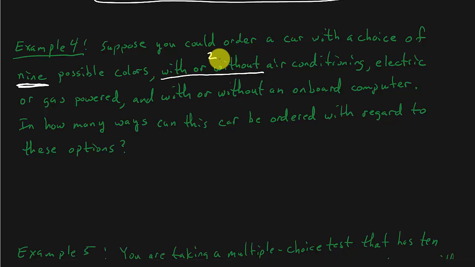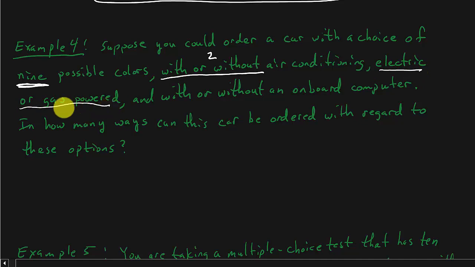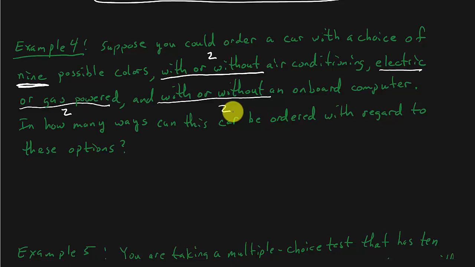Then we have electric or gas powered, which is just 2 choices. And with or without an onboard computer, that's 2 choices there. So in some of these, they may not come out and say you've got this many choices for each one. It may be stuff like this.